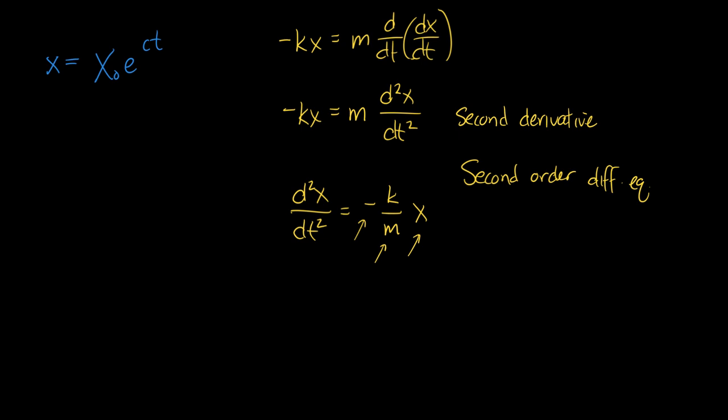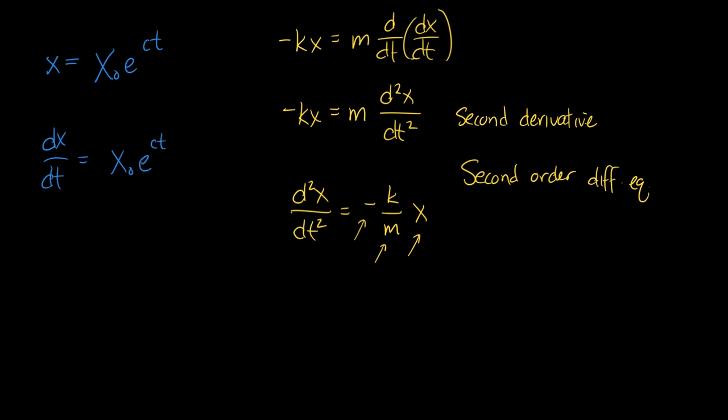So everybody who's in calculus understands this, and that's why I'm writing this in blue now, right? I don't assume that you all have done this in calculus yet or are in calculus. If I take the first derivative of this function, I will get x naught because it's just a constant. And when I take the derivative of e to the ct, what do I get back? E to the ct.